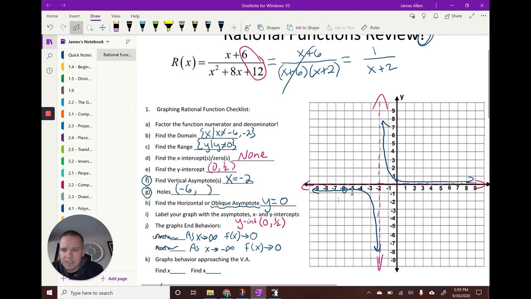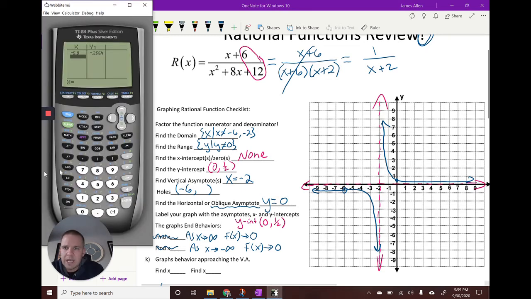I'm on the right hand side. So as I approach from the right hand side, what's happening? Well, okay, I get that number. And then what about, let's go with negative 5.99. All right. And how about negative 5.999?